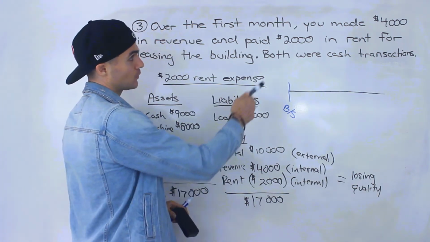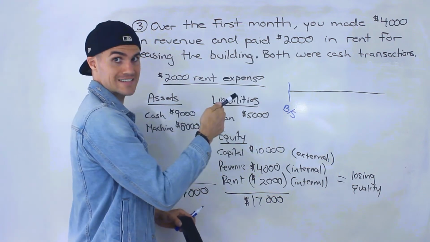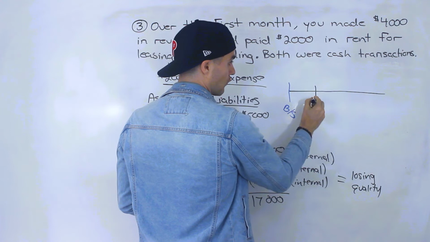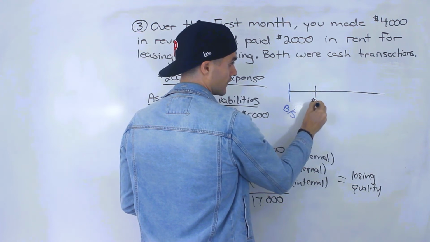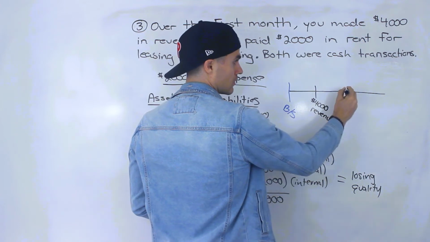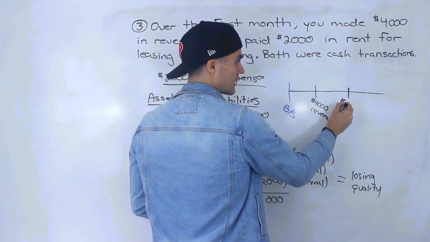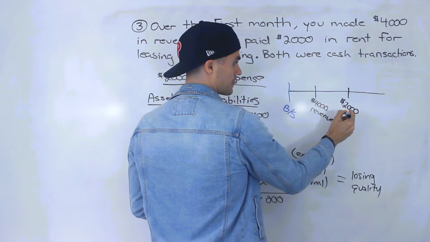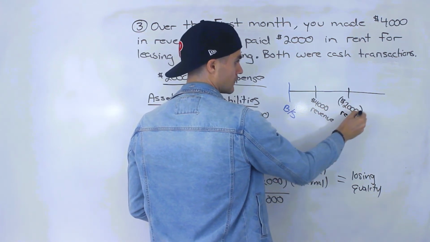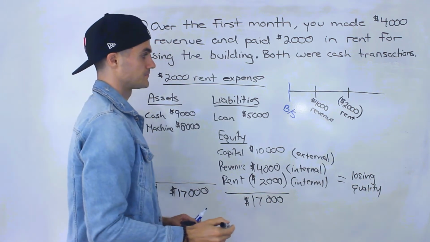And then we had these two transactions here within the month. So we had this $4,000 of revenue, and then we had this $2,000 of rent. This was a negative number, so let's just put it in brackets.